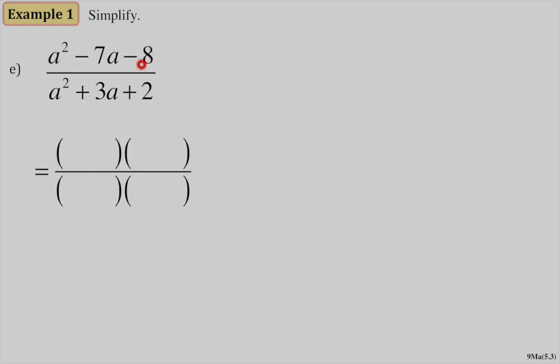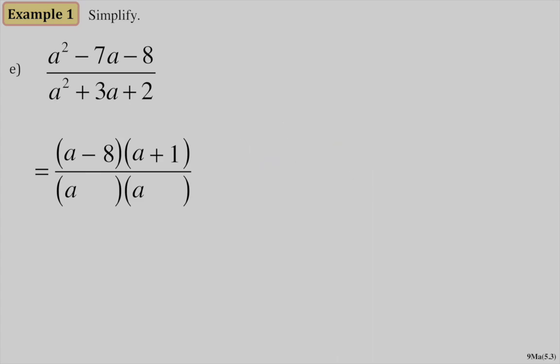So I'm trying to get 2 numbers that times to give minus 8 and add to give minus 7. Well, there's negative 8 and plus 1. Negative 8 plus 1. They times to give minus 8. They add to give minus 7. So they're the numbers I put in the brackets.